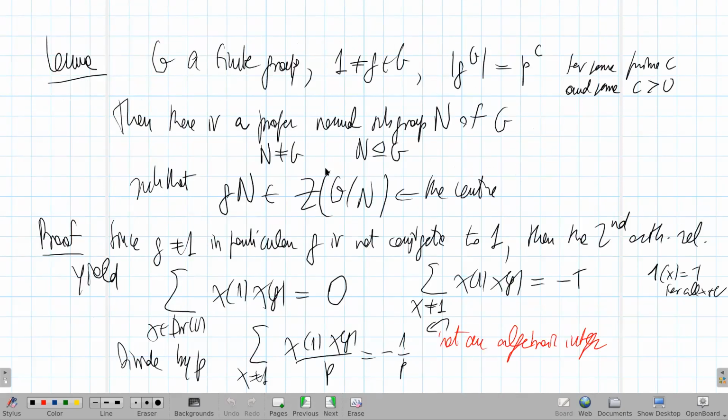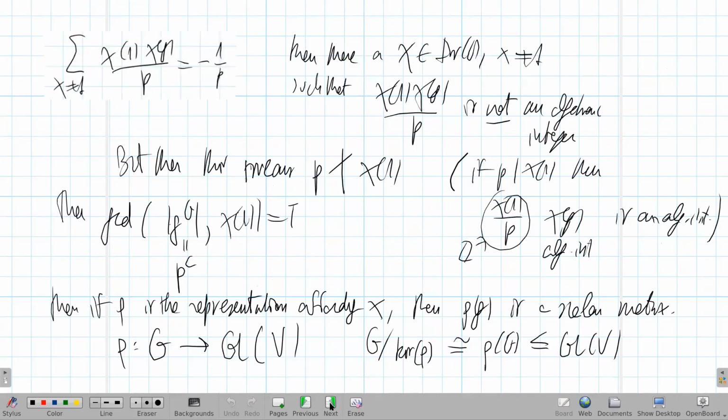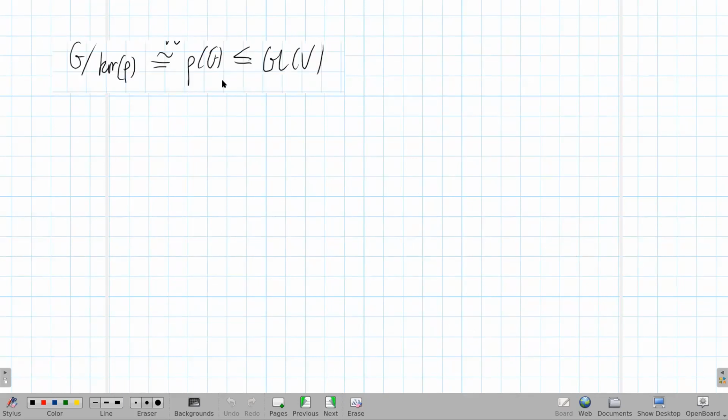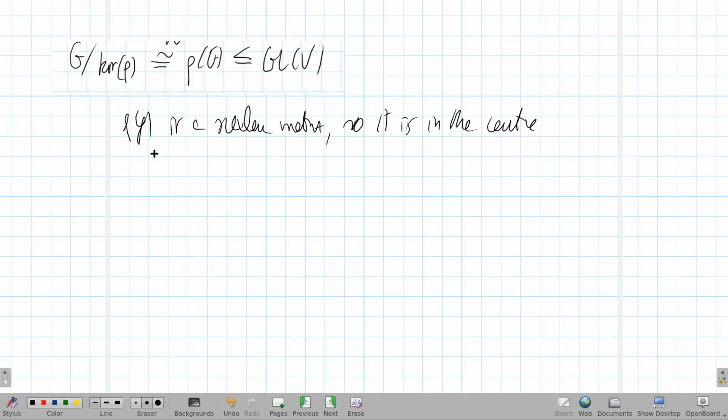The claim is that there is a proper normal subgroup such that this coset is in the center. Okay. But note that rho of G of this element is a scalar matrix. So it is in the center of GL(V) even, and in particular of rho of G.